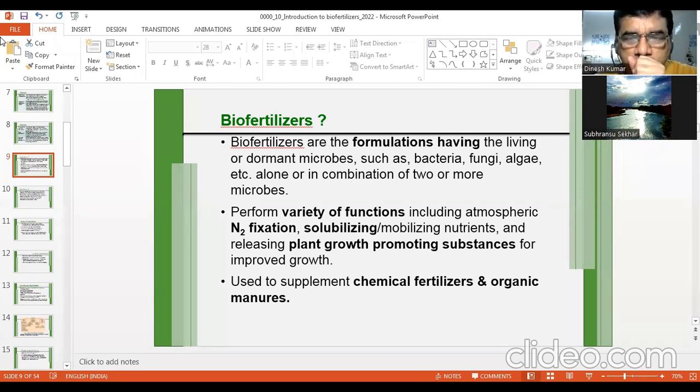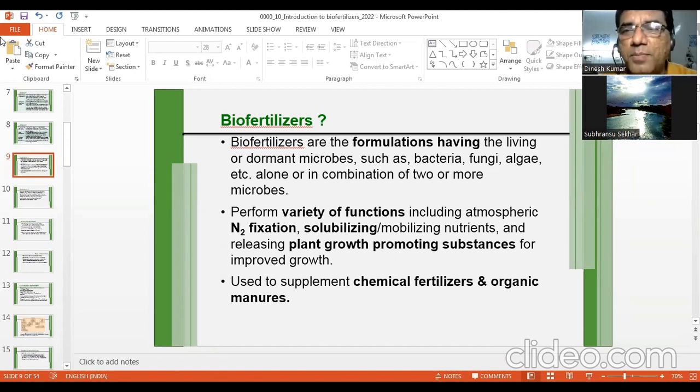Mobilization means helping in the movement of ions or molecules or nutrients from one place to the roots, like AM fungi do. They also release plant growth promoting substances, that is hormones, for improved growth. Azotobacter is known to produce a number of growth hormones.